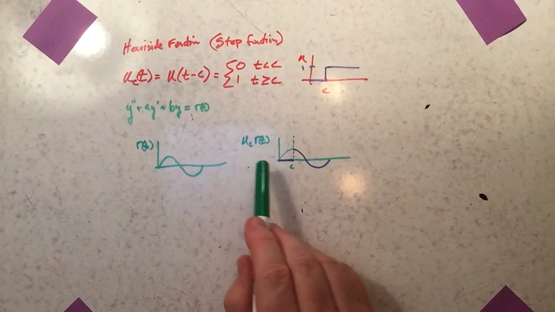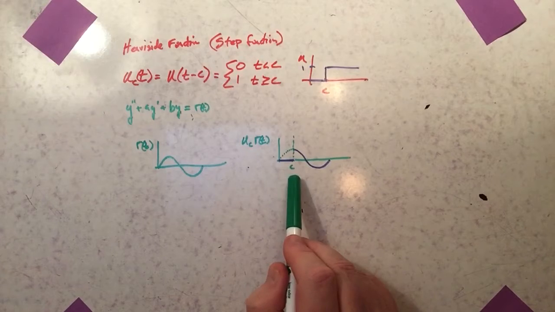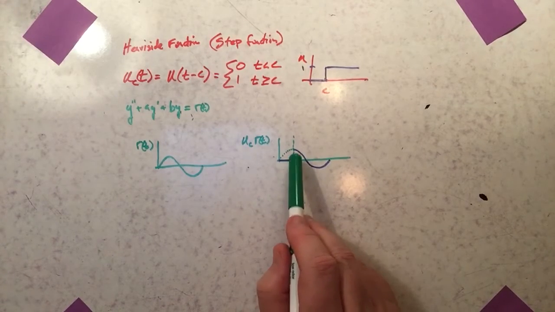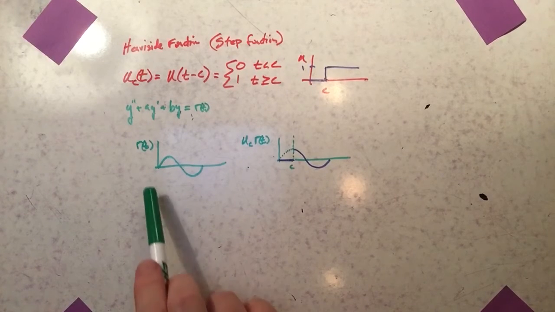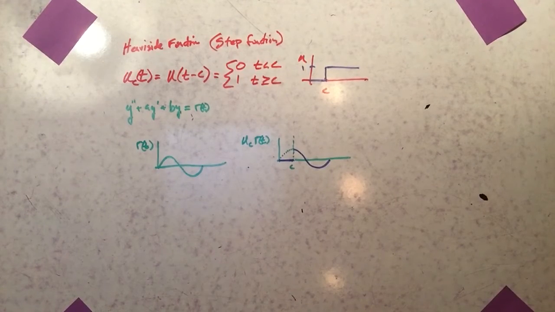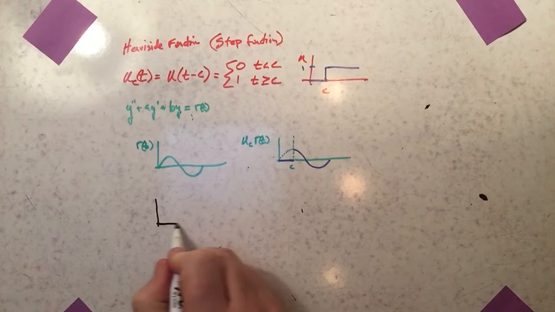Now I might want another transformation. I might actually want it to delay and be 0 for a while, but then I might want it to actually begin at its original function value. And this is called a shift, so I'm going to time shift it as well as make sure it's 0 up to that point. So to do that, this is what we want the output to look like.